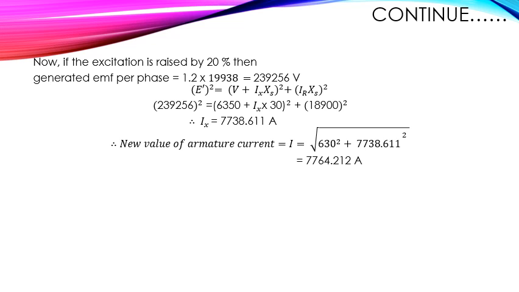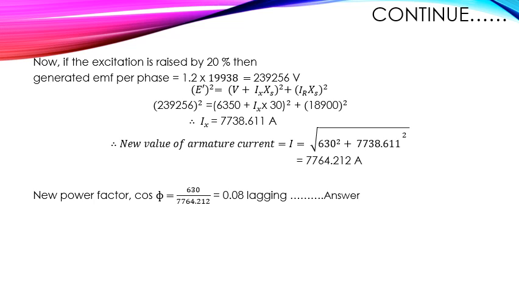Now here 630 is the in phase or active component of the current, and 7738.611 is the reactive component of the current, and that is Ix. Right, so using the IR and Ix, here the new value of armature current is determined.